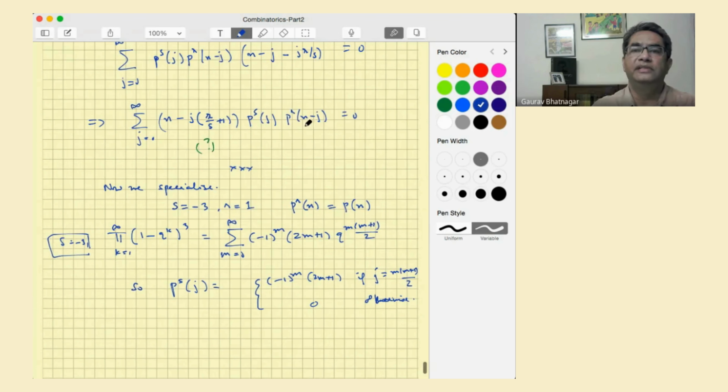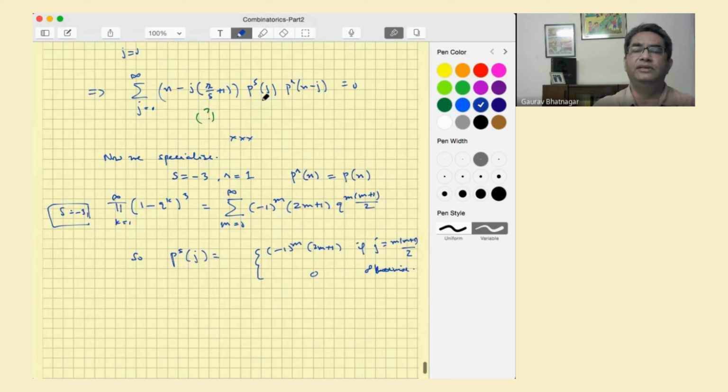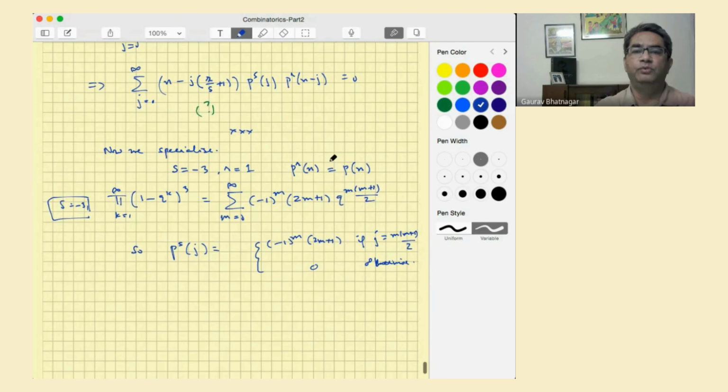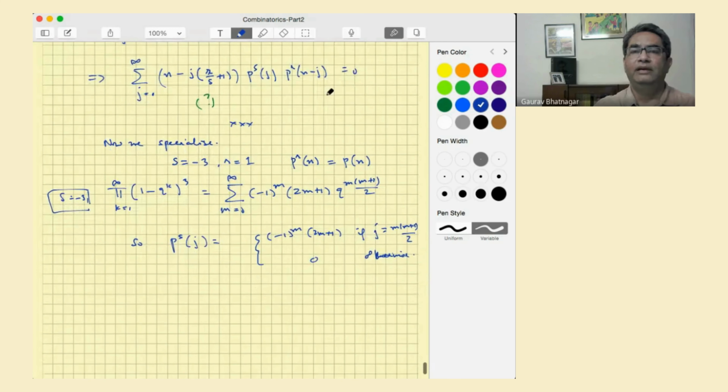I mean, PSJ was a coefficient, right? So you notice n minus j I'm taking, and this PSJ is mostly 0, and that's why I'm getting a nice quick recurrence, just like Euler. That was the goal, to get here, and R has become the partition function.